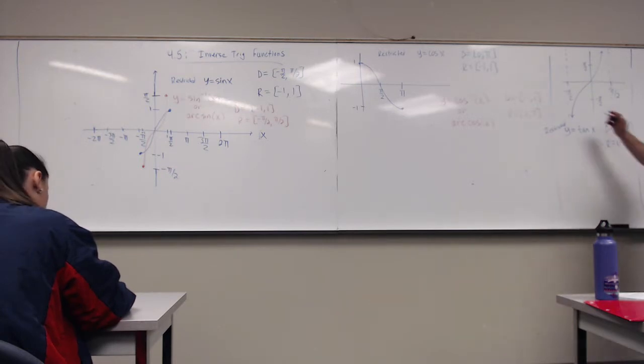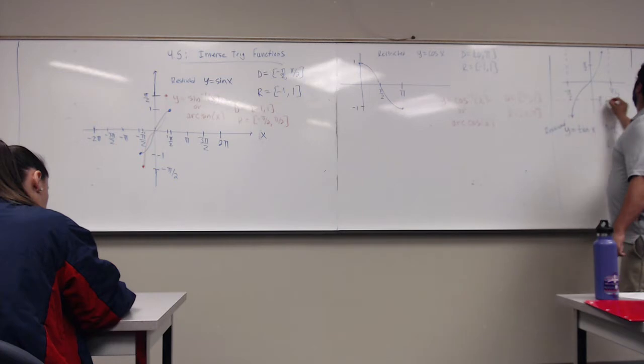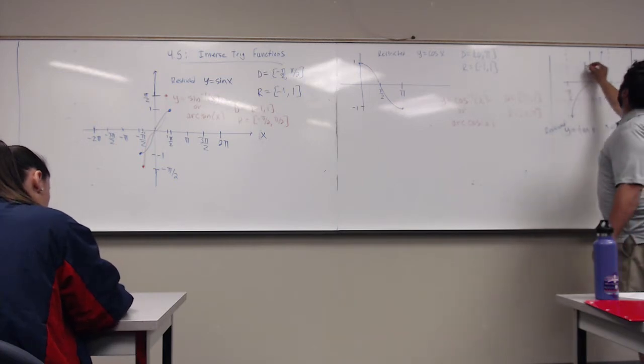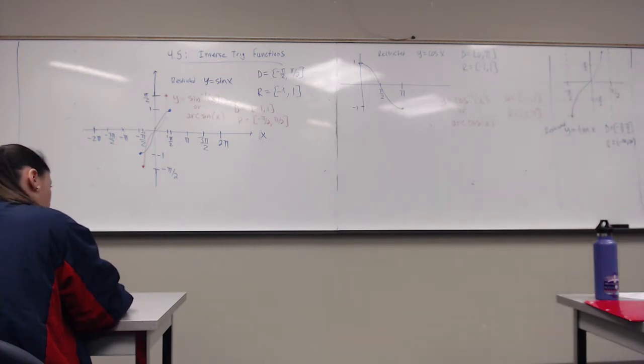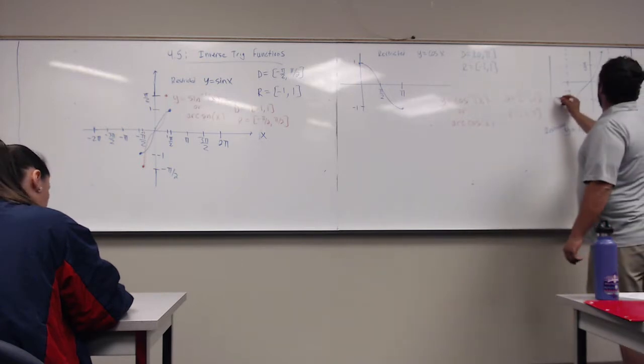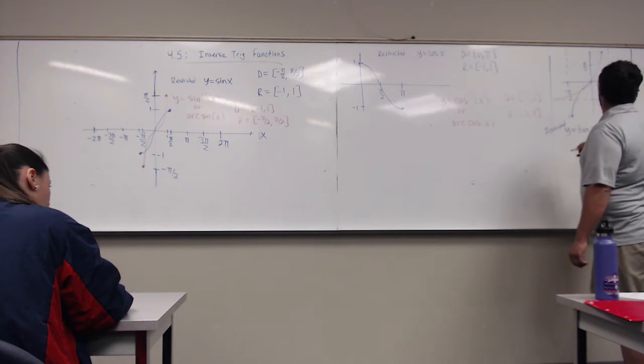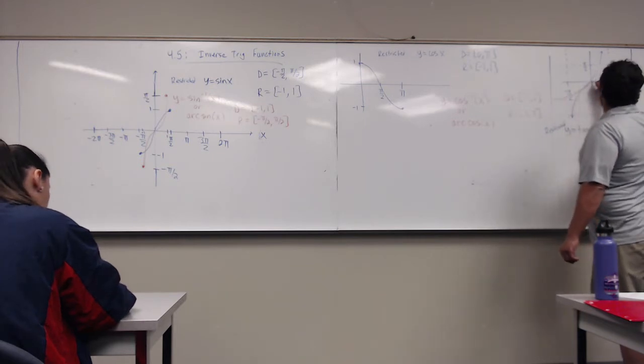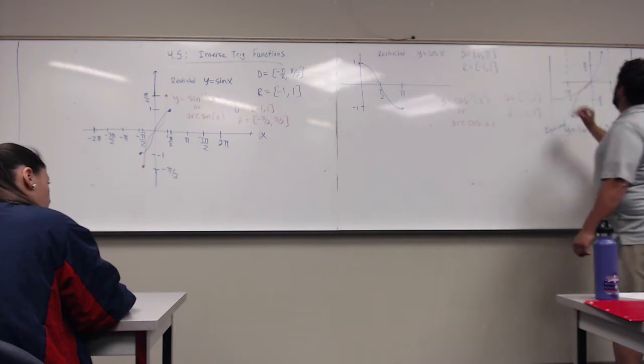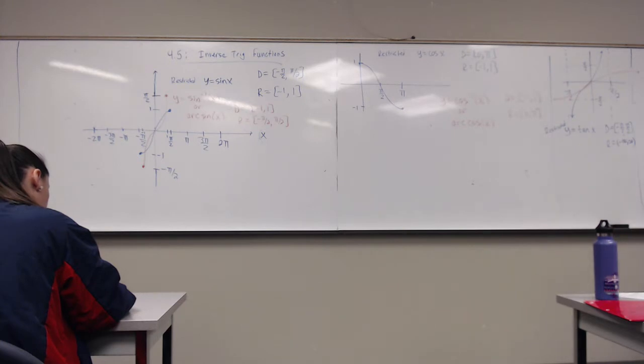This one's a little bit easier for me to draw. Basically, when you go to the inverse function, the vertical asymptotes become horizontal asymptotes, and then the inverse function looks like this. Let me make sure I don't screw this up. Okay, so there's what tangent inverse would look like.